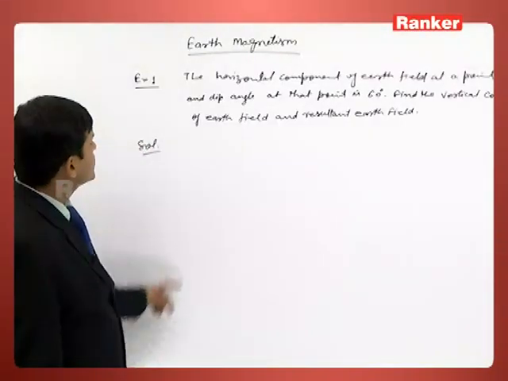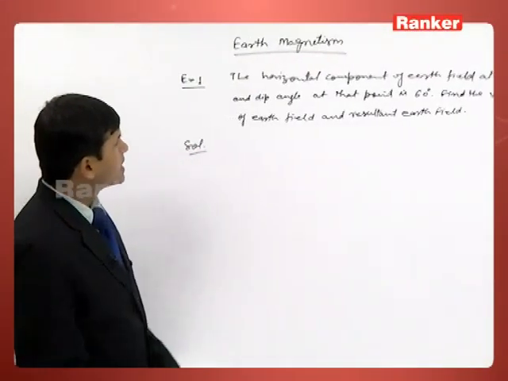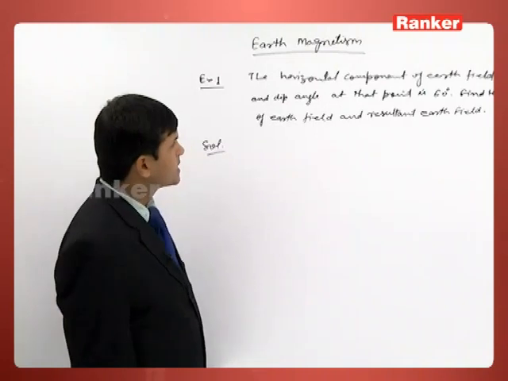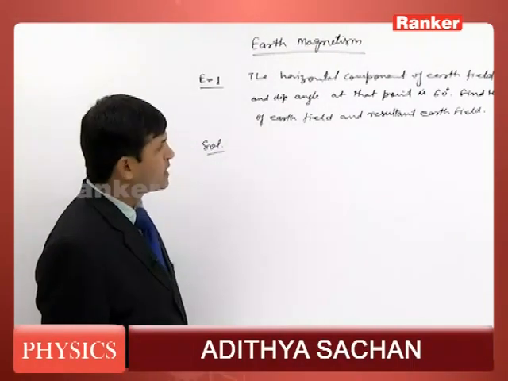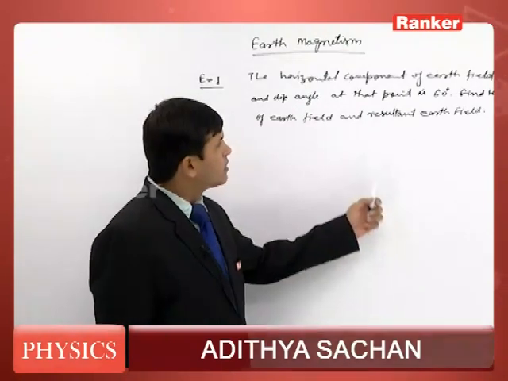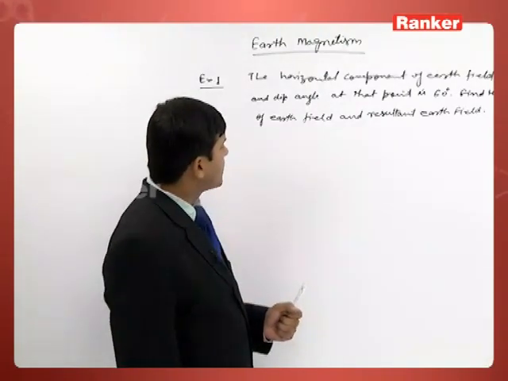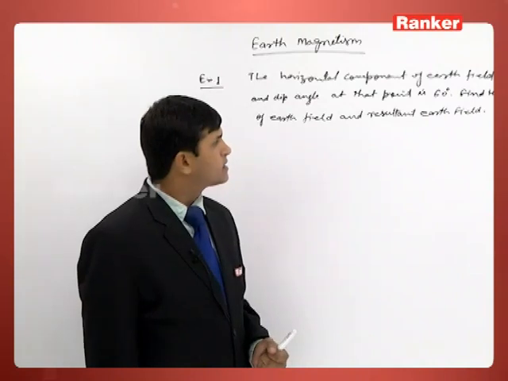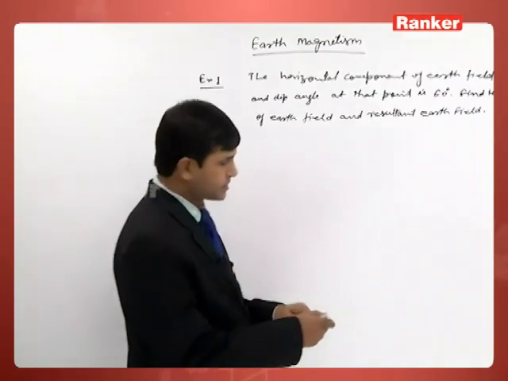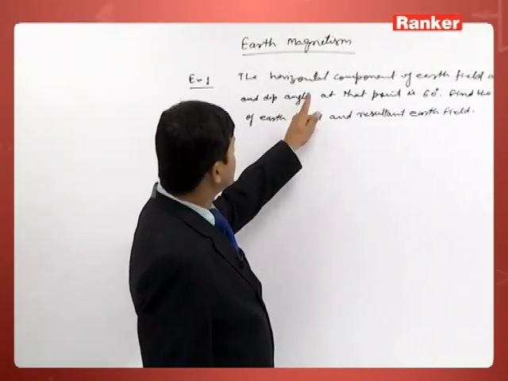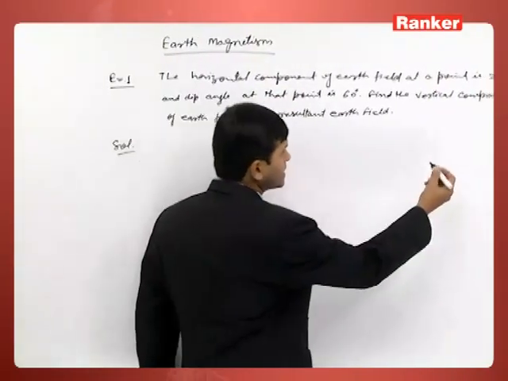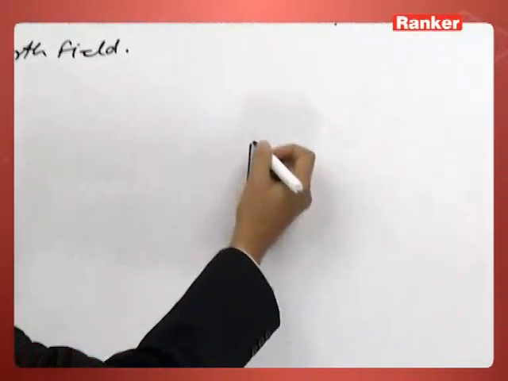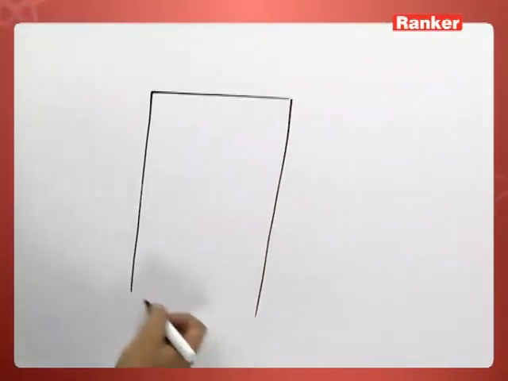So now the question is, a horizontal component of earth field at a point is 26 microtesla and dip angle at that point is 60 degree. Find the vertical component of earth field and resultant earth field. See, whenever horizontal component and dip angle are given, it means everything is in the magnetic meridian.